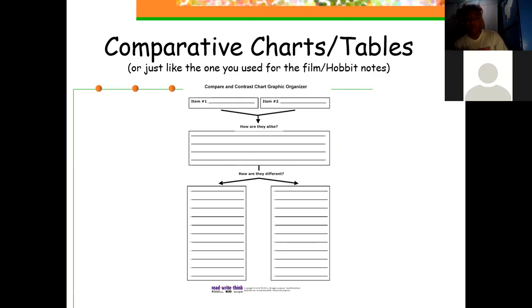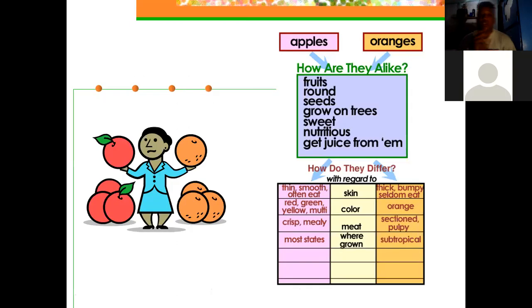This is very clear. You can write two items, two topics: number one, number two. How are they alike? What are the similarities? In the next column, how are they different? What is the difference between the two subjects? For example, we have two fruits.